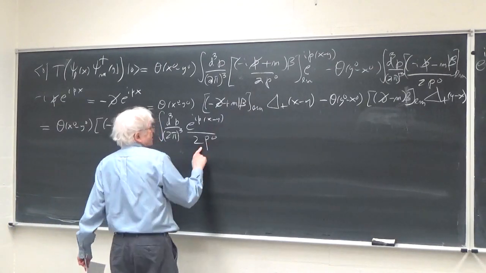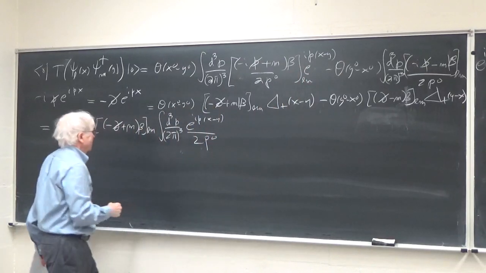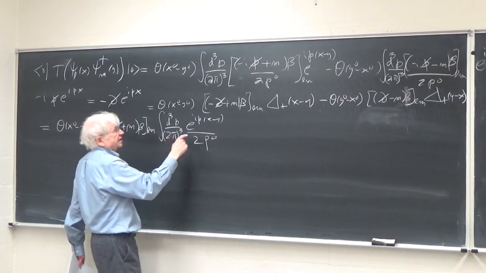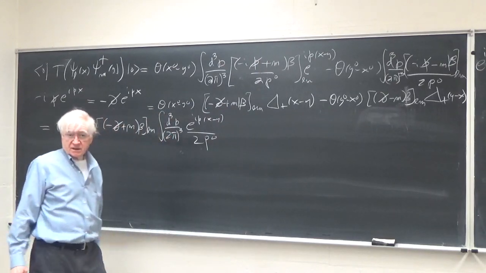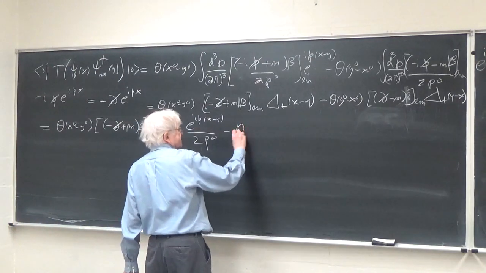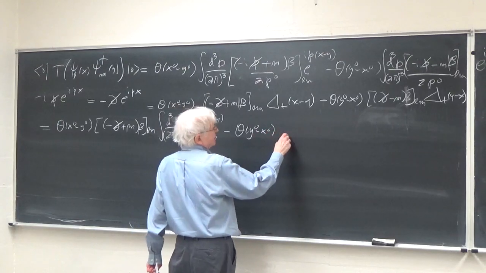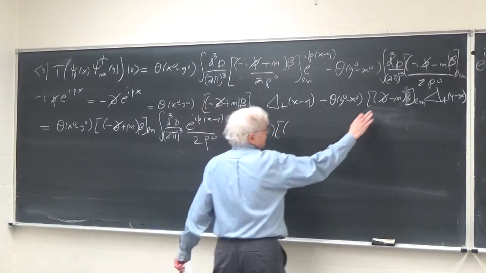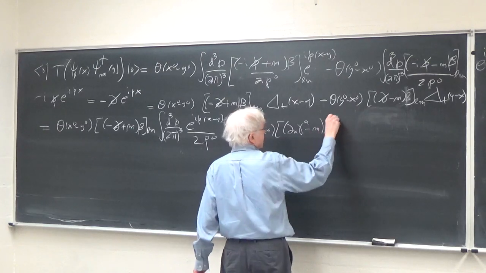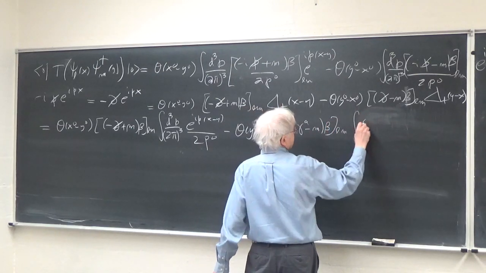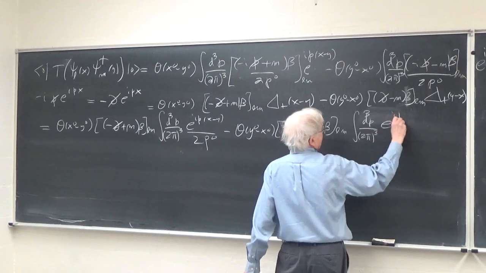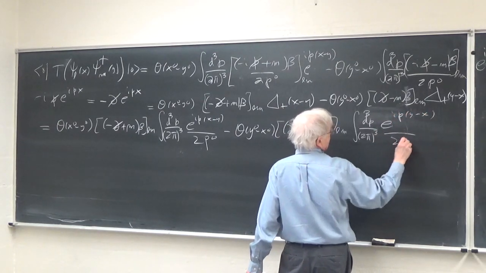So putting it back in, we have theta of x0 minus y0, minus d-slash plus m beta Lm acting on integral d^3p over (2 pi)^3, e to the i p(x minus y) over 2p0. So this gives you that. The 2p0s are here, these are the phase factors. The derivatives bring down p's. Then the next term is minus theta of y0 minus x0. If you want me to write this explicitly, it's d-slash minus m beta Lm, and what's left is d^3p over (2 pi)^3, e to the i p(y minus x) over 2p0.